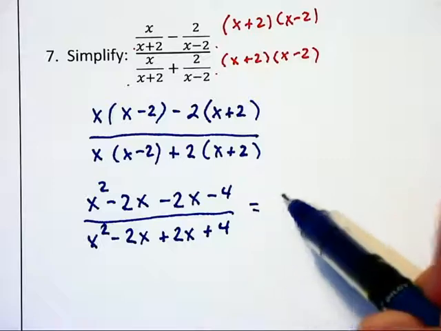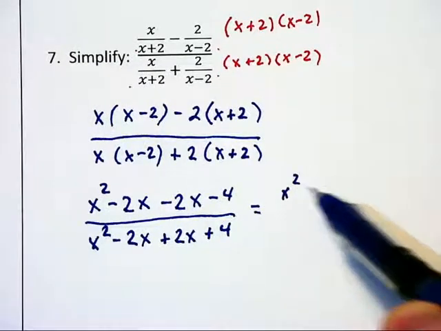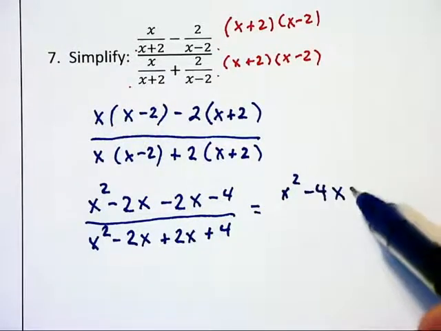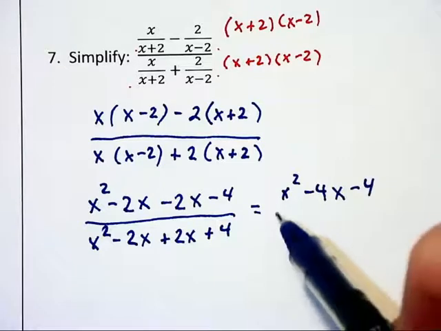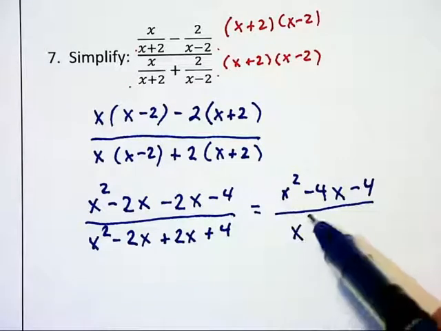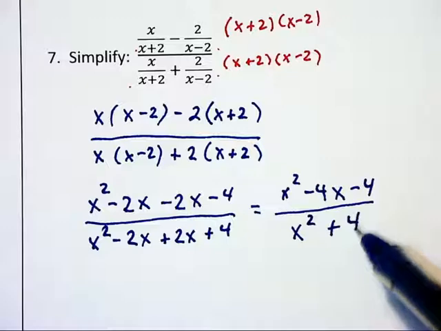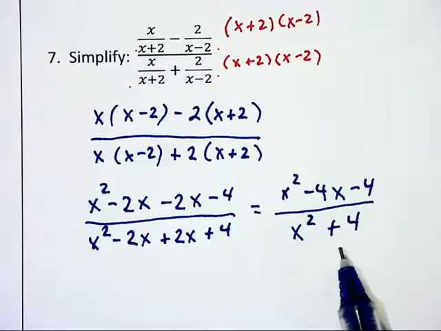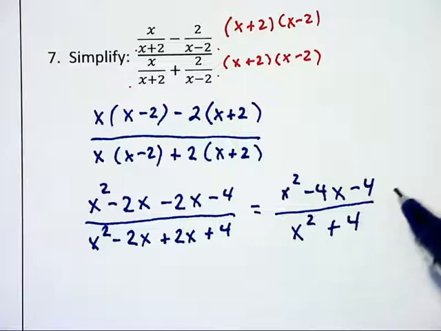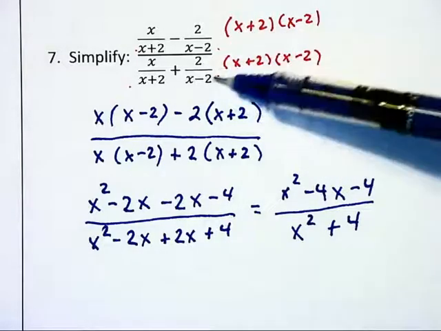In the numerator, x squared minus 4x minus 4, and in the denominator, x squared plus 4. Well, the denominator will not factor because that's the sum of two squares, and the numerator doesn't factor either, so this will be our simplified quotient. And I call it quotient again because this is the answer to a division problem.